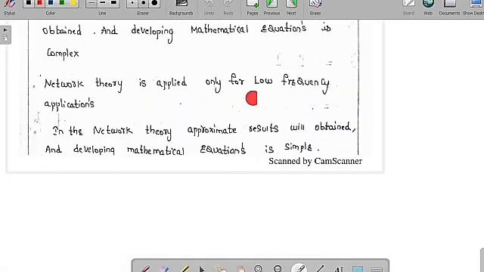Network theory is applied only for low frequency applications, not for high frequency applications. In network theory, approximate results are obtained and developing mathematical equations is very simple, because it is applied only for low frequencies. We get approximate results but not accurate results.